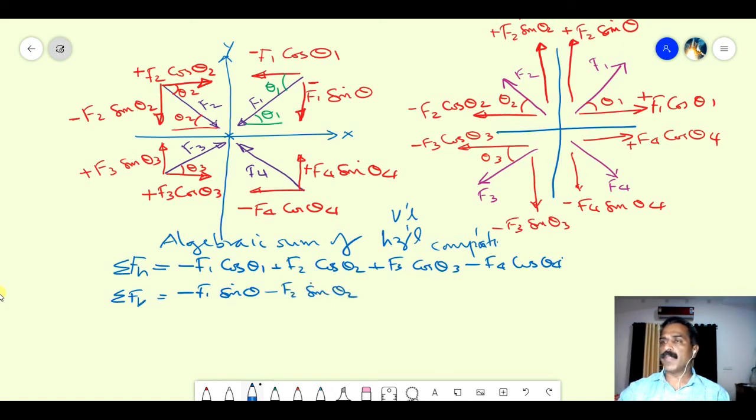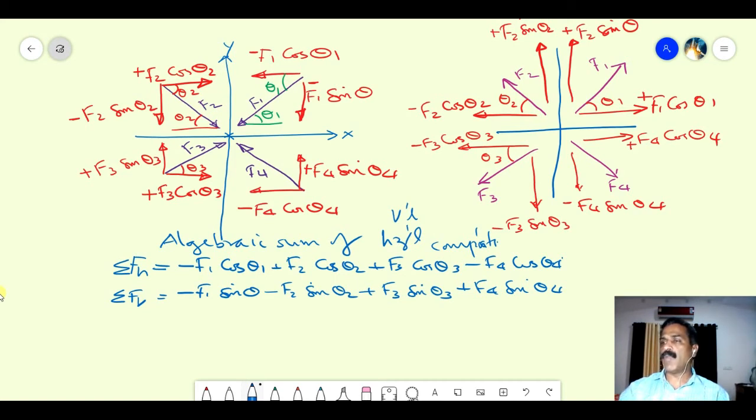Then third one is plus F3 sin theta 3. Here also it is plus F4 sin theta 4. So these are the components of the forces in the vertical direction, and sigma Fv is the algebraic sum of all the vertical components. So we have sigma Fh and sigma Fv expressed in this form.